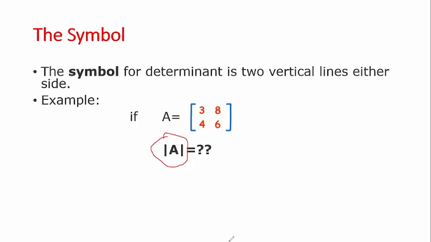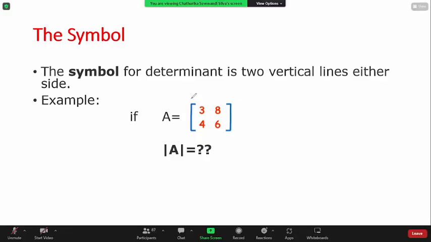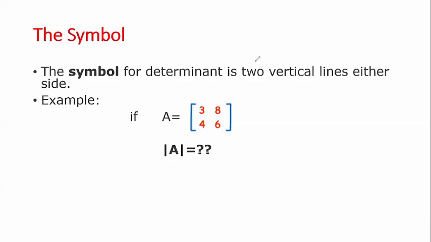So knowing the symbol is important. If I ask you, what is the determinant of A? Since you have mastered determinants, especially I know that you have done finding 2 by 2 determinants, tell me the answer for this one.